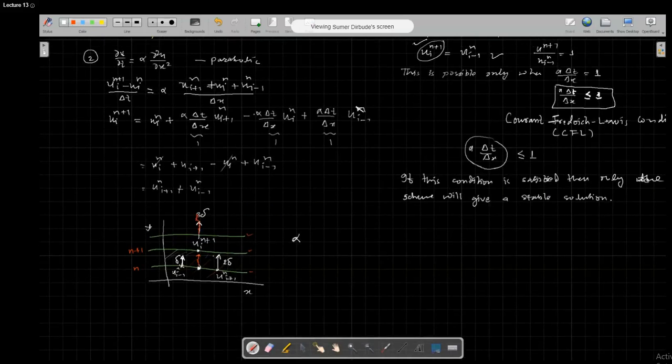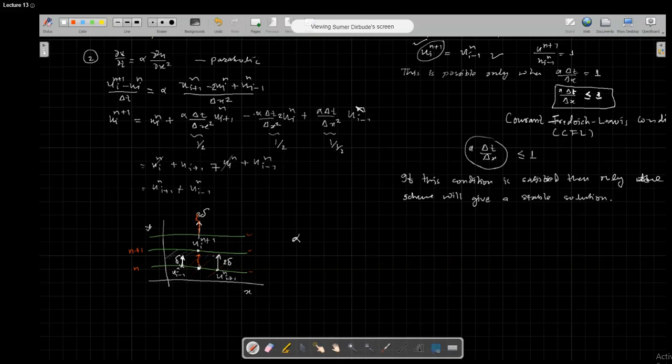Yeah, it should be twice, and this should be delta x square. Since this is twice, now we have to say it is 1 by half, 1 by half, 1 by half.